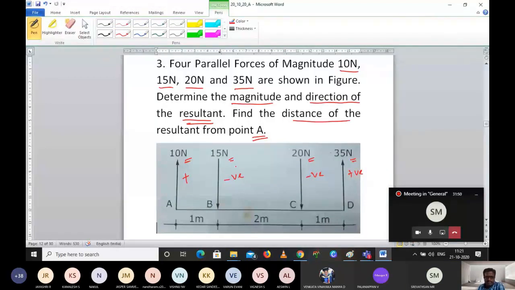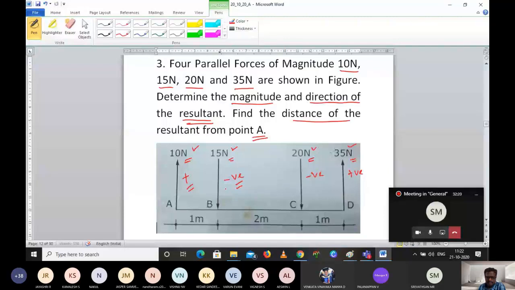So you can see the direction. That is very important when you are considering the system of forces acting on a particular system. The 10 Newton is acting upwards, 15 Newton is acting downwards, so opposite sense. At C, 20 Newton is downwards and 35 Newton is upwards. Personally, I am assuming that whatever forces are acting upwards, I take as positive, and whatever forces are acting downwards, I take as negative.